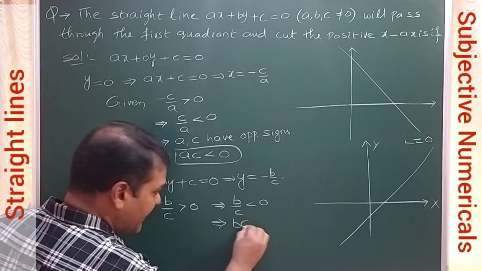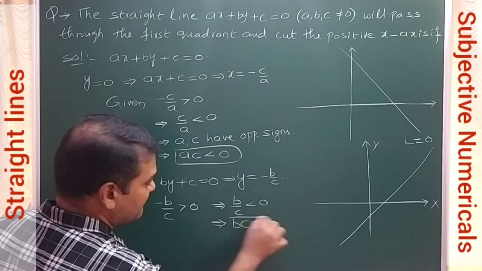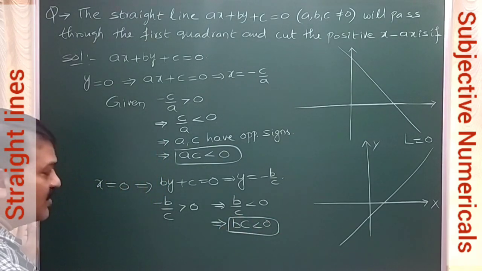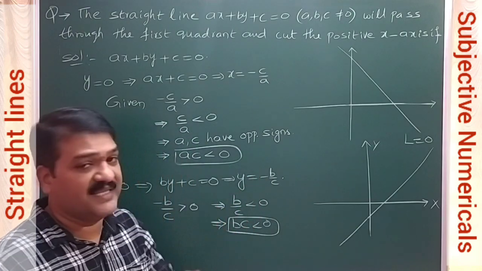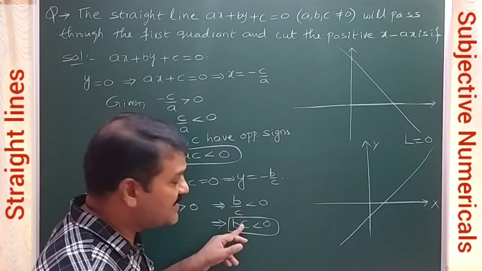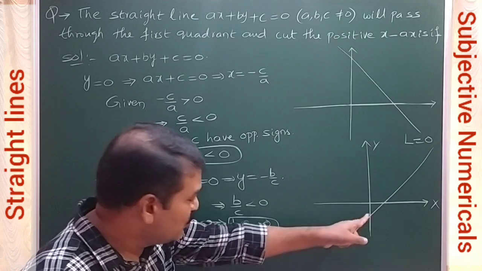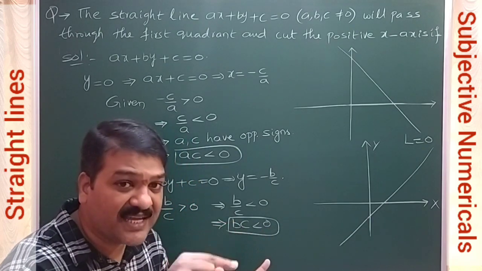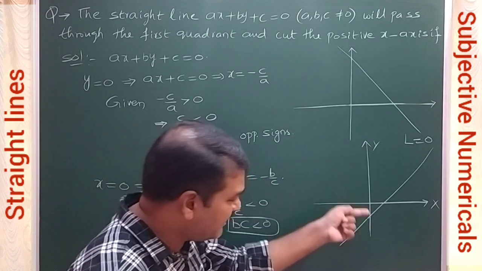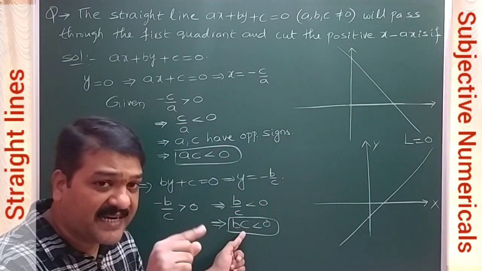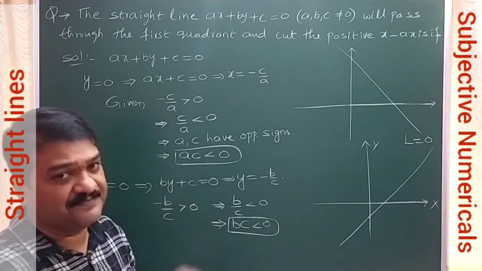Therefore b into c will also be negative. So if the y-intercept is positive, we get this. If the y-intercept is negative, we will get b into c greater than 0.